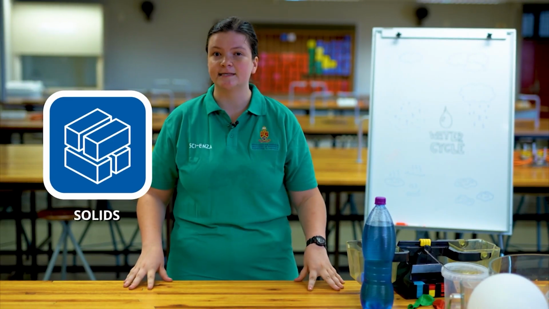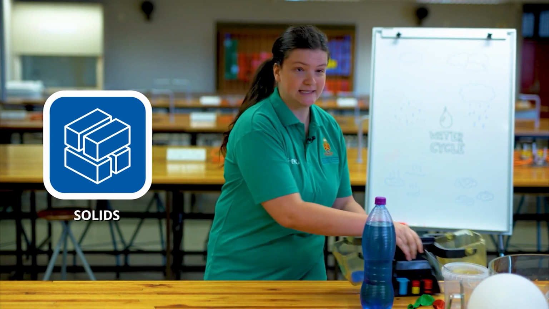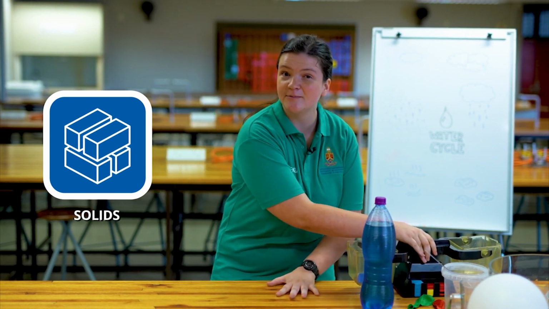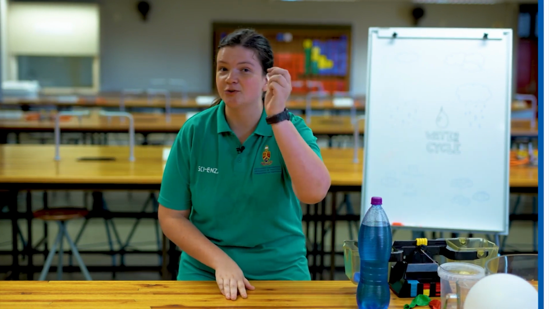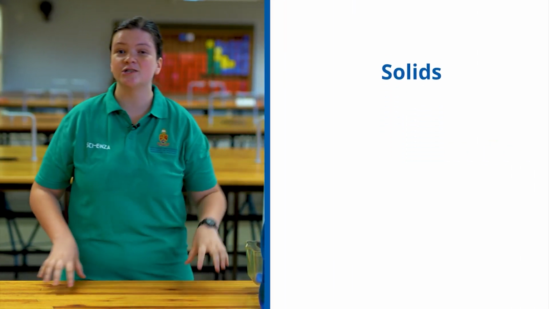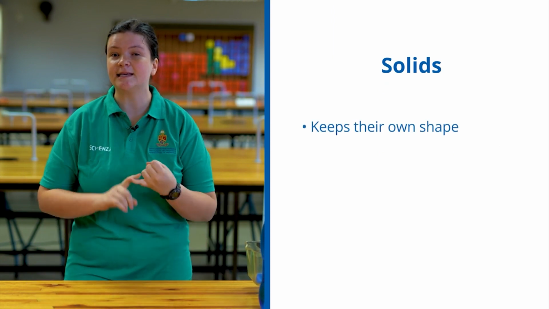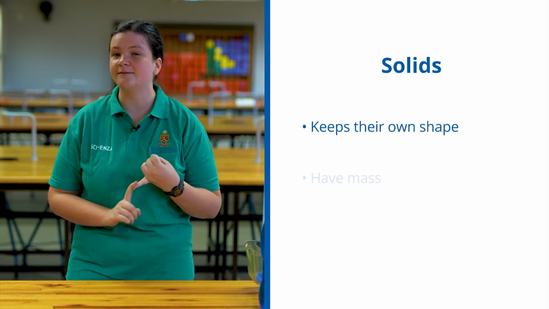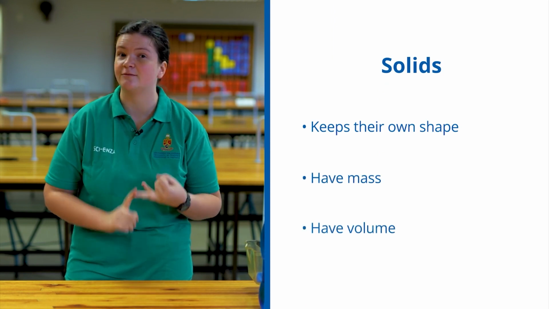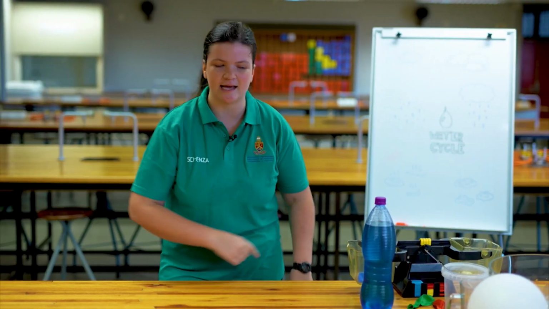Solids are things like rocks and scales and tables and even ice cubes. Solids are anything that can keep their own shape. So they have to have mass and they have to have volume. So let's test that.